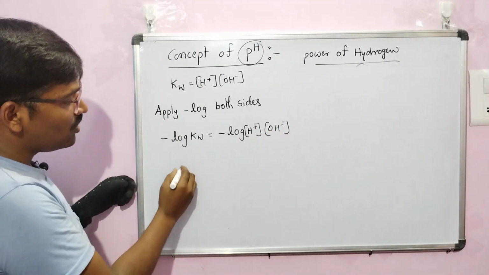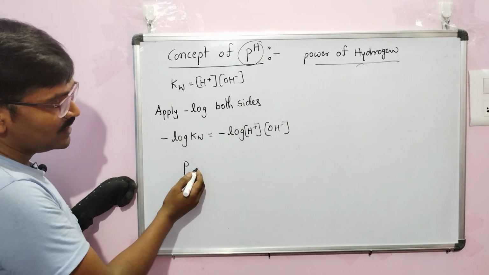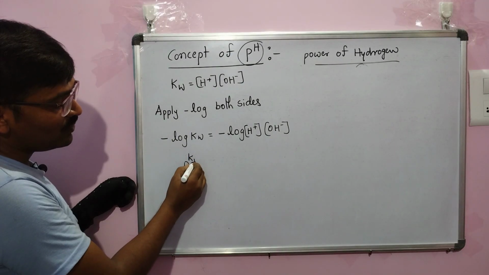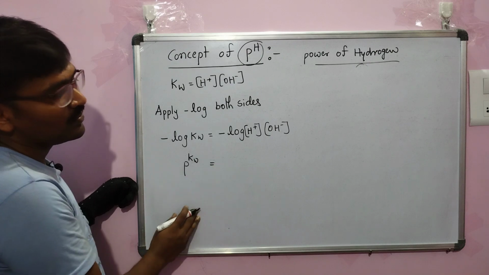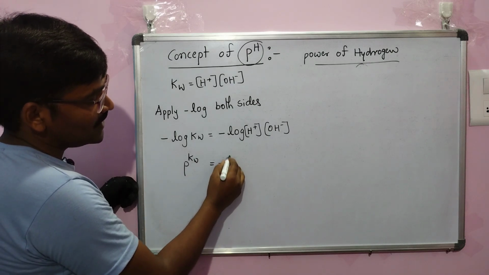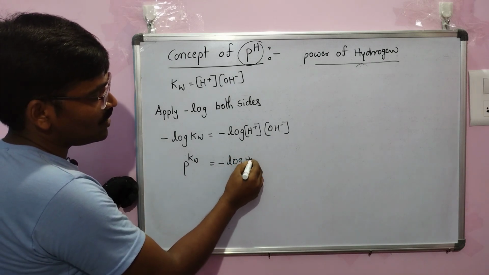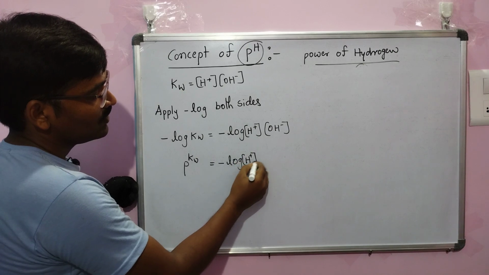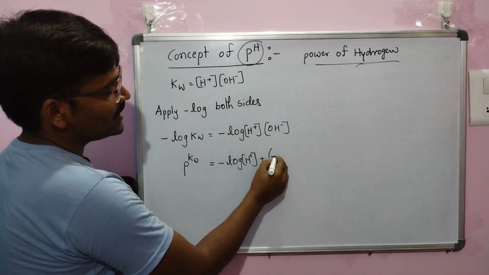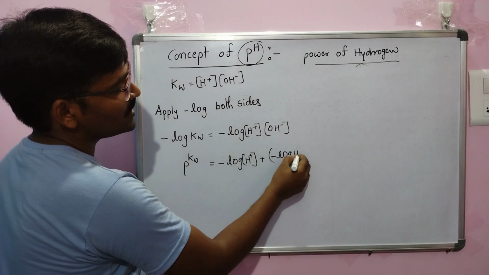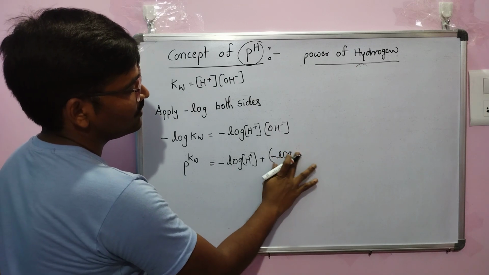So minus log Kw is pKw, which equals minus log H plus ion concentration plus minus log OH minus ion concentration.